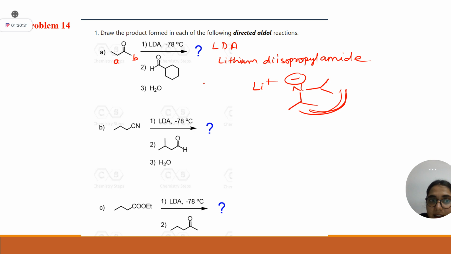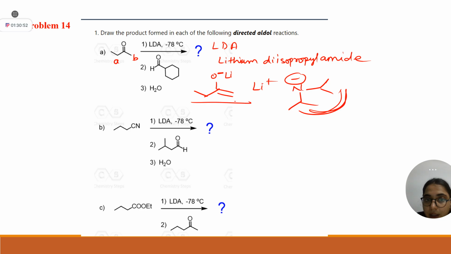At minus 78, it will abstract the proton from the least hindered side. It will form this enolate. Why is LDA good, students? Your enols are reversible, right? So your enolates are irreversible. Once the anion is formed, it will not get back to its initial form.